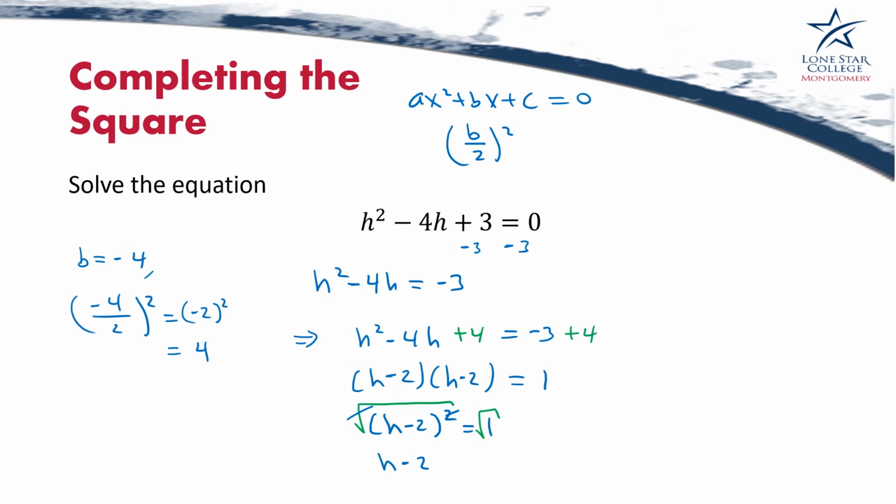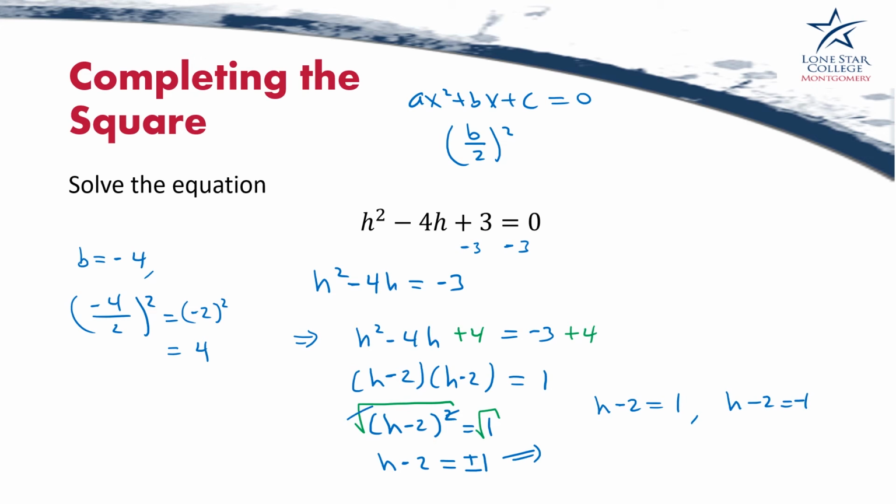H minus 2. And the square root of 1 is 1, but it's not just 1, it's also plus or minus 1, because square root is the opposite of a square. 1 squared gets you 1, but negative 1 squared can also get you positive 1, because negative 1 times negative 1 is positive 1. So we have two answers here. H minus 2 equals positive 1, and h minus 2 equals negative 1.